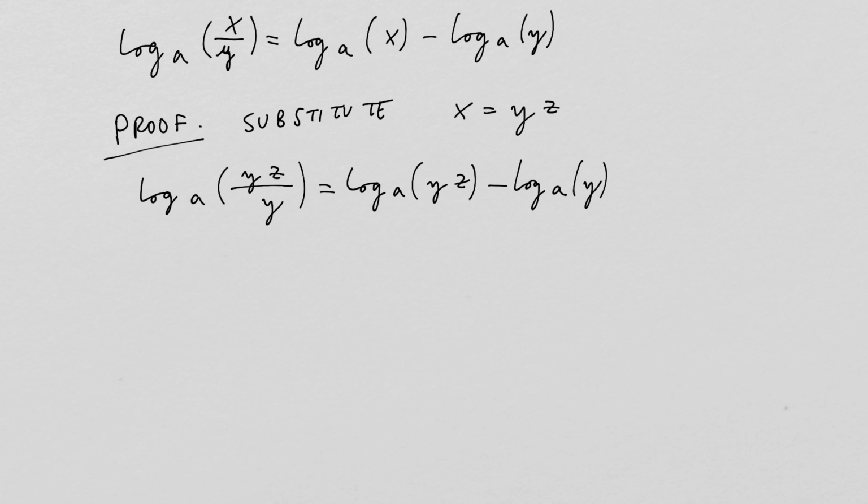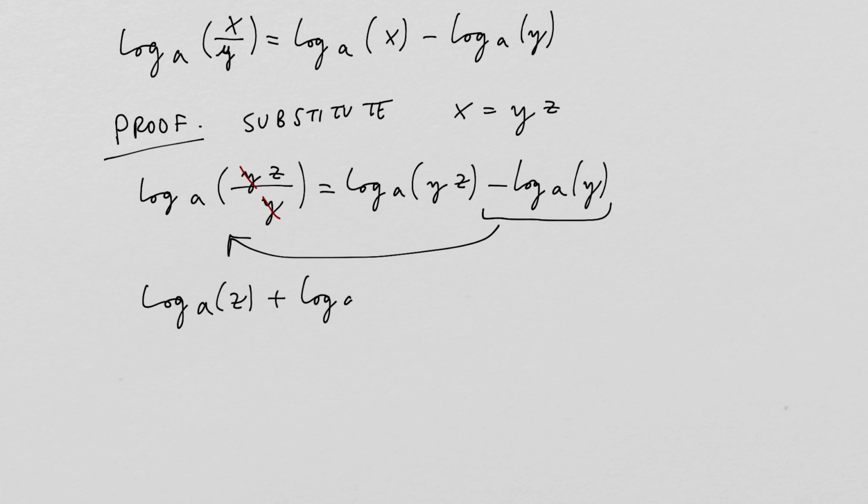Write something like this. The y's will cancel out, and we can shift this term to the left hand side to get that. The sum of logarithms gives the logarithm of the product. We know that this is true, so our original formula is also true.